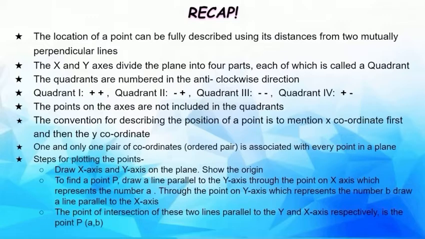Quadrant 2 has x-coordinate as negative and y-coordinate as positive. Quadrant 3 has both the coordinates negative, and quadrant 4 has the x-coordinate as a positive value and the y-coordinate as a negative value. The points on the axis are not included in the quadrants.